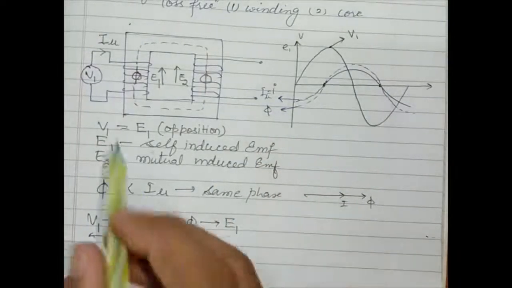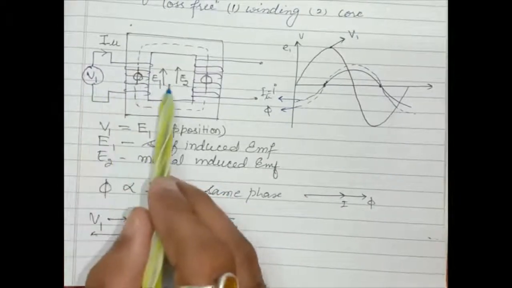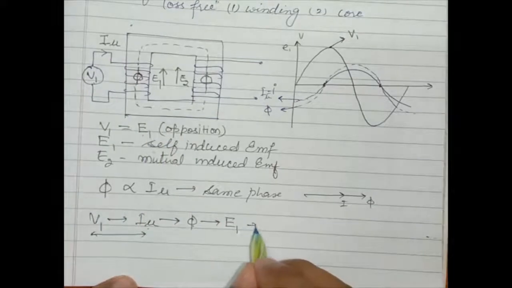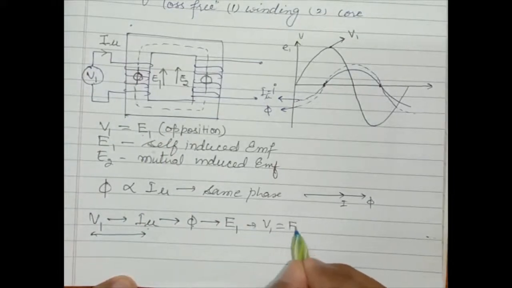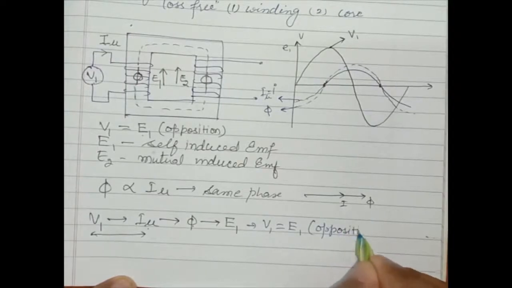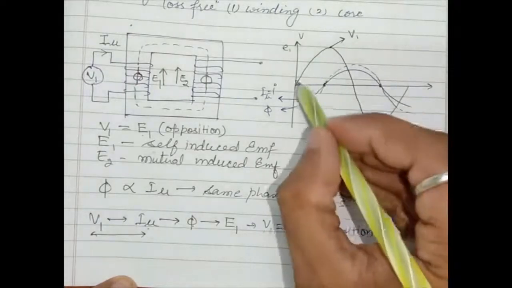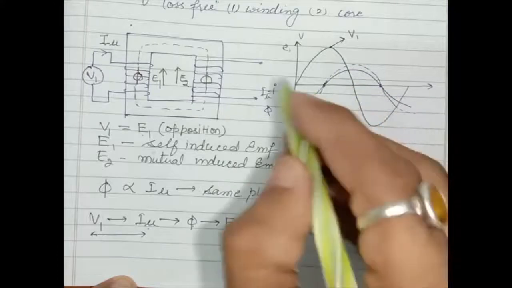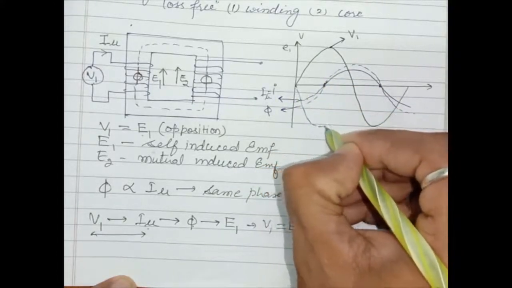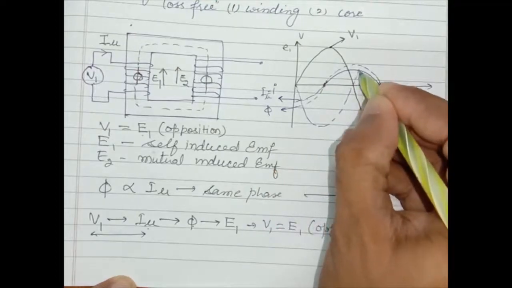Now here V1 is equal to E1, but both are in opposition. So this is V1. It will have the same magnitude, but in the opposite direction.